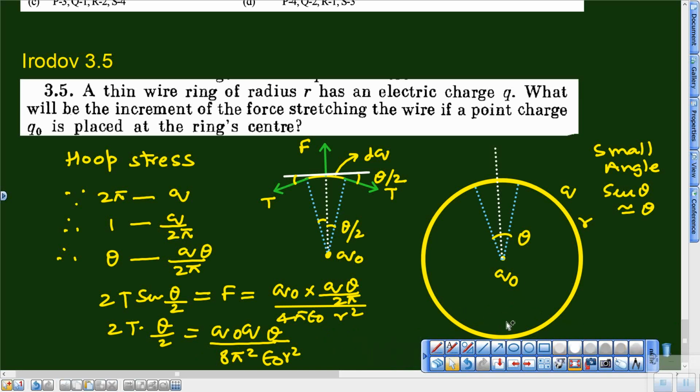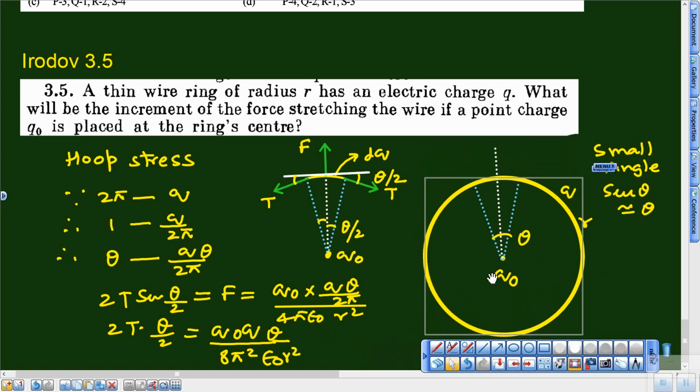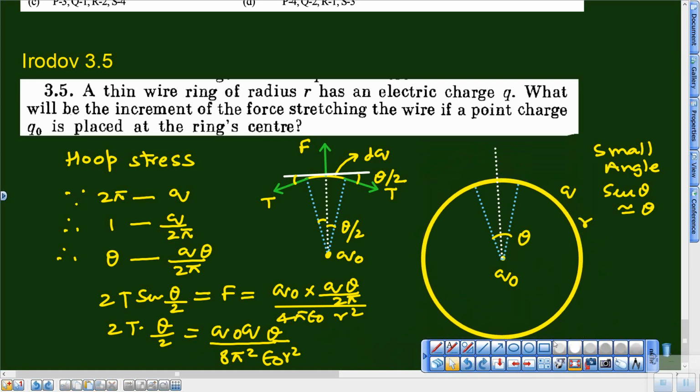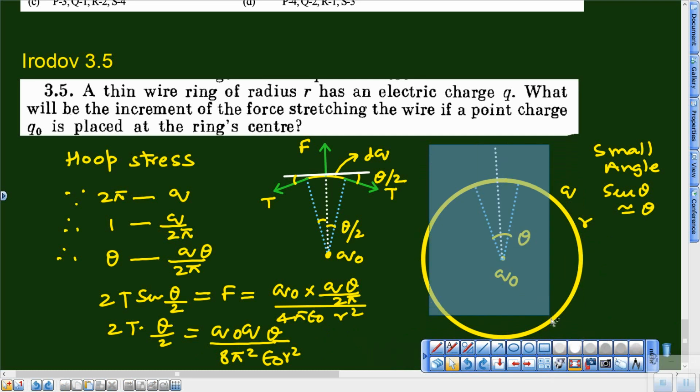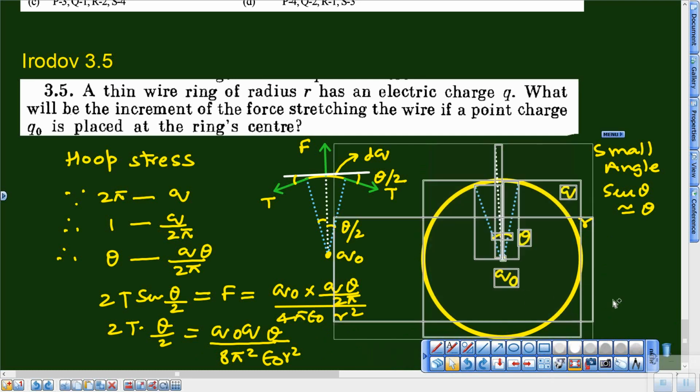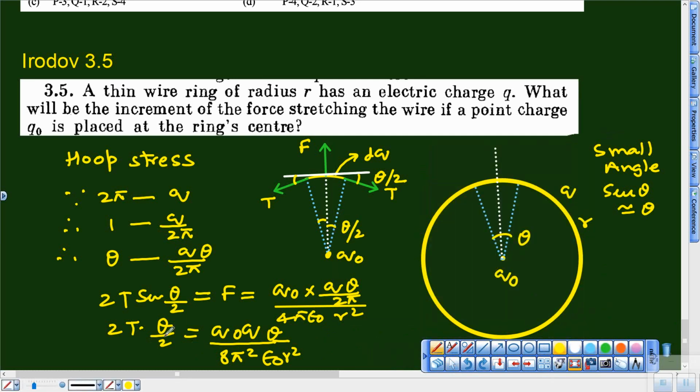Maybe I can shift the figure slightly upwards because I need to create a space for this. Okay, let me cancel it over here. And thus I get to see, can I afford to write the answer here? So this 2 and 2 get cancelled off.